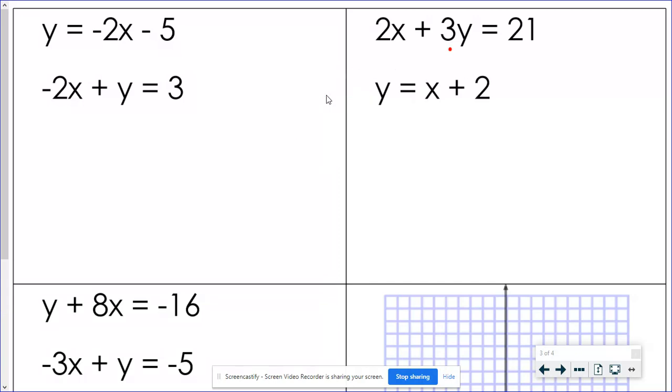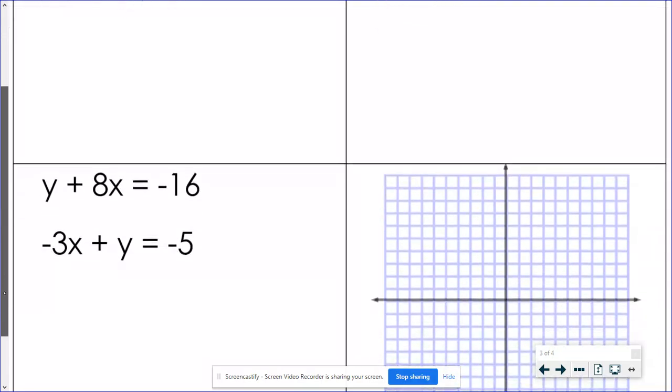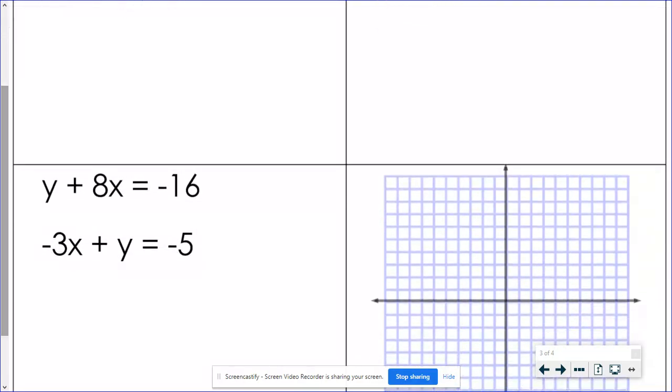In the third problem, it wouldn't be hard to get slope-intercept form. However, if you look at this, this is going to be a y-intercept of -16. When I move this 8x, I would have y equals -8x minus 16, which isn't impossible to graph, but on our graph, it doesn't go that far. So that would be a difficulty with that problem.